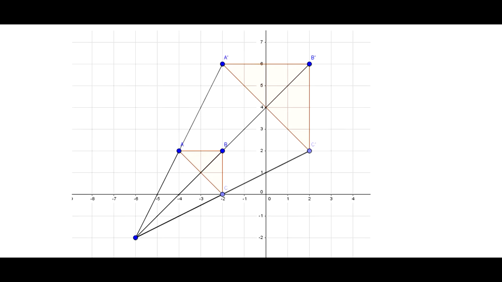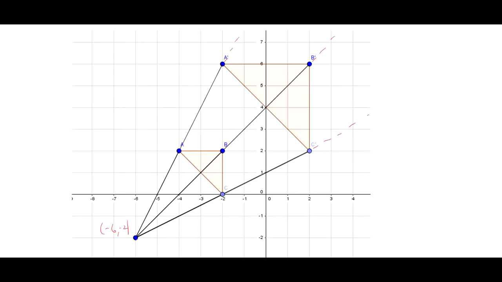So you have your center of enlargement, which is (-6, -2), right? And we would have drawn a line from this point through the point A and extended. This line would have been extended this way, and this line this way.